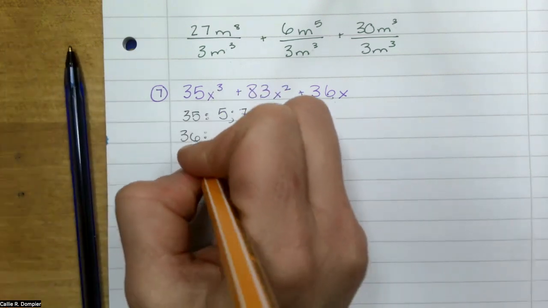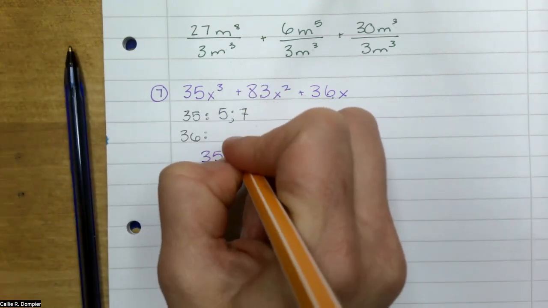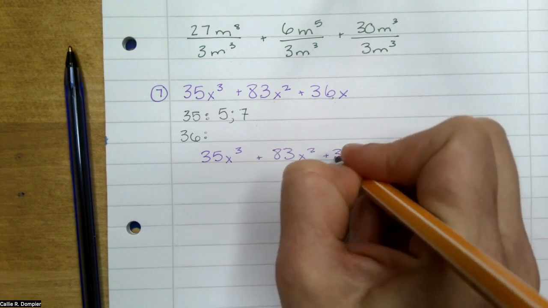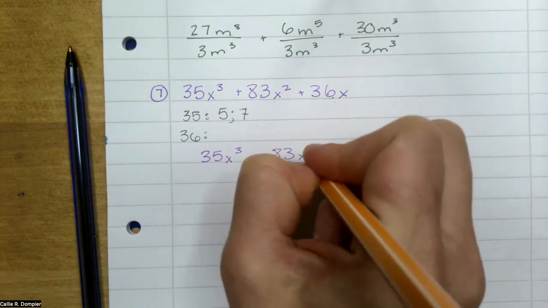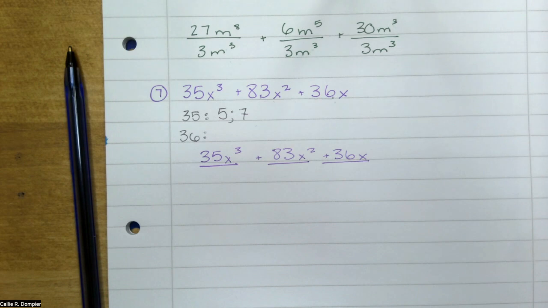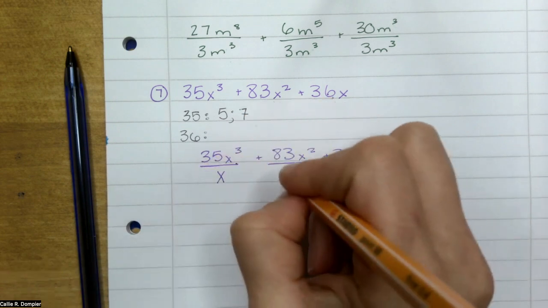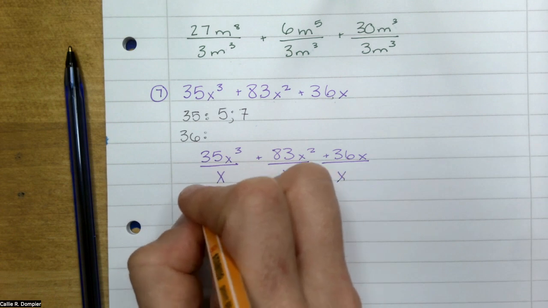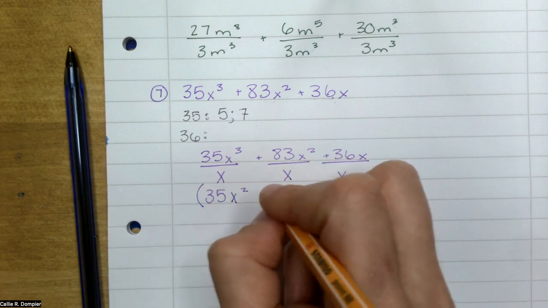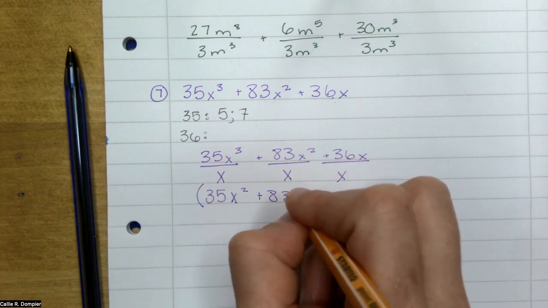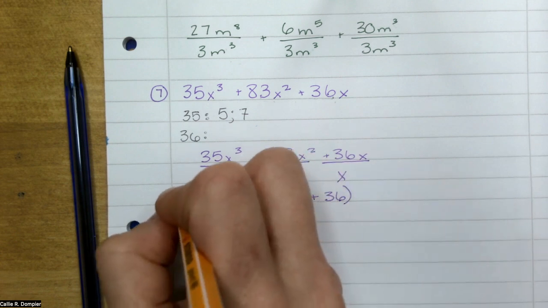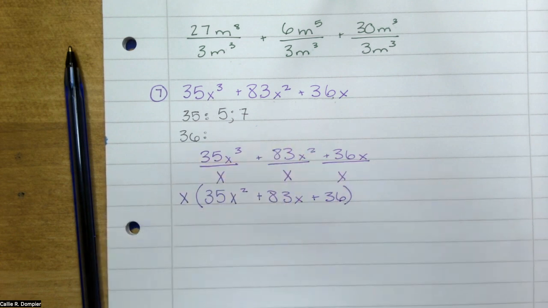So that becomes 35x cubed plus 83x squared plus 36x. All of that divided by the greatest x we have, which is just 1x. And I get 35x squared plus 83x plus 36. And on the outside, I have x because that's what I factored out.